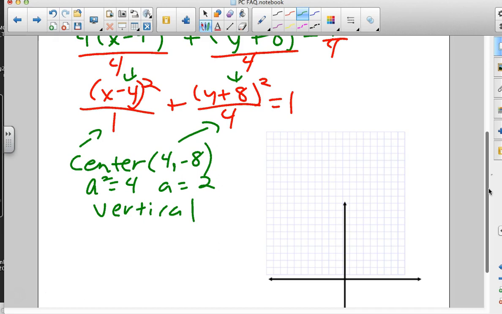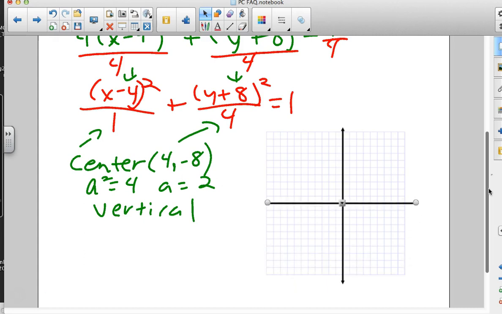So let's go ahead and get that on here. Oh, look at my graph here, it's separated. Not cool, smartboard. It did not take everything together. There we go. Alrighty, so we're at 4, -8. Ta-da! There's our center.